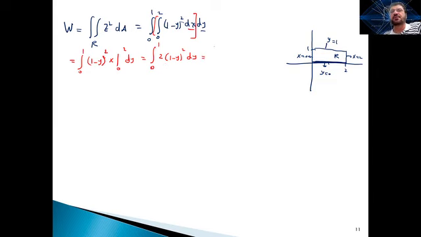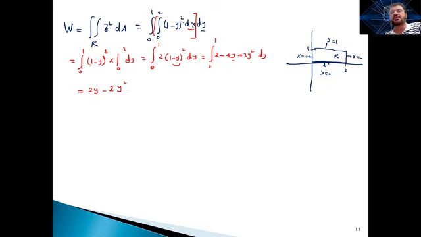And this is equal to the integration from 0 to 1. If I expand this one, it's the square of the first, which is 1, times 2 is 2. Then the first times the second times 2, minus 2y times 2 is minus 4y. Then the square of the last, which is y squared times 2, is 2y squared, dy. The integration of 2 is 2y, minus the integration of y is y squared over 2, and there's 4, so 2y squared.